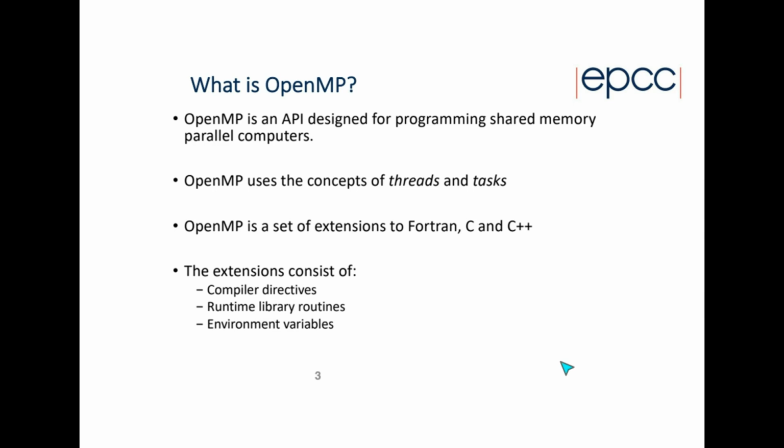And these extensions consist of three things. The most important one is compiler directives. I'll say a bit more about what those are in a minute. But there are also runtime library routines and environment variables that also form part of the API.